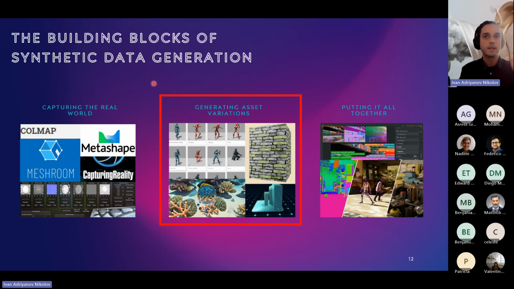That may be digital humans, some HDR maps, some backgrounds, some textures, some objects that we have not digitized ourselves, but we want to still have enough variation so our synthetic data for training a deep learning model or a computer vision model would have enough variation so we don't overfit it.